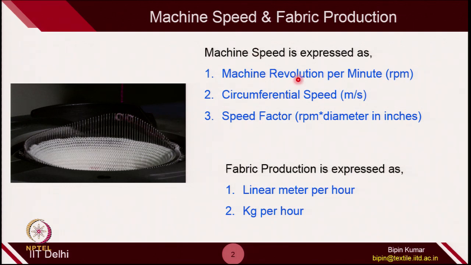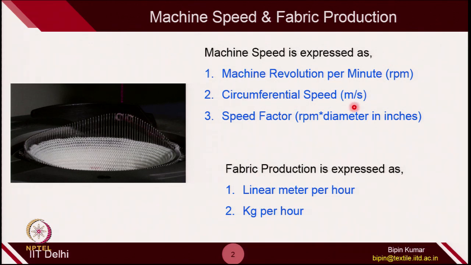In production there are two categories which we generally connect to each other. One is speed, because whenever we are looking at any of these circular machines, speed is very important, and the speed can be expressed by three parameters. One is machine revolutions per minute, which in normal terms is denoted as RPM. Any circular motion, this term is quite useful.